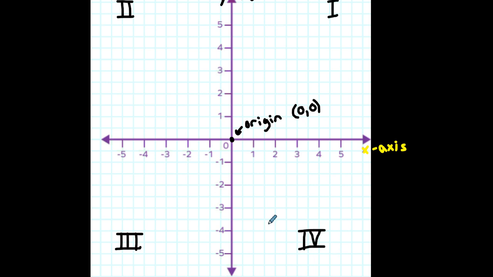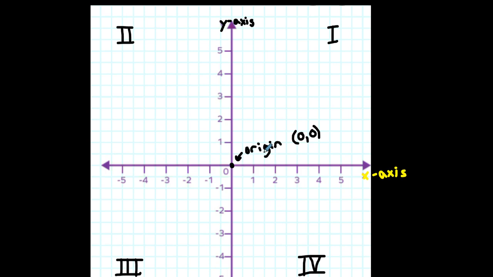We broke it down into 4 quadrants. Now we want to examine what has to happen to be in quadrant 1, 2, 3, and 4. If you think about it, in order to end up over here in quadrant 1, we have to go to the right on the x-axis, and we have to end up going up on our y-axis, right and up.